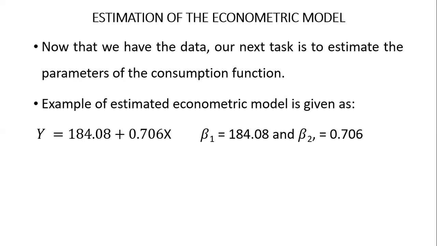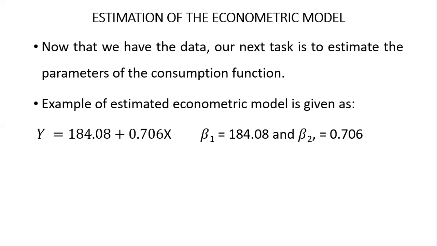So here, let's assume that we now have the data, our next task is to estimate the parameters of the consumption function. An example of the estimated econometric model is given as this. Let's say we have y, which is consumption, equal to 184.08. That is the intercept, which theoretically represents our autonomous consumption, plus 0.706, which is our MPC, marginal propensity to consume, times x, which is income.